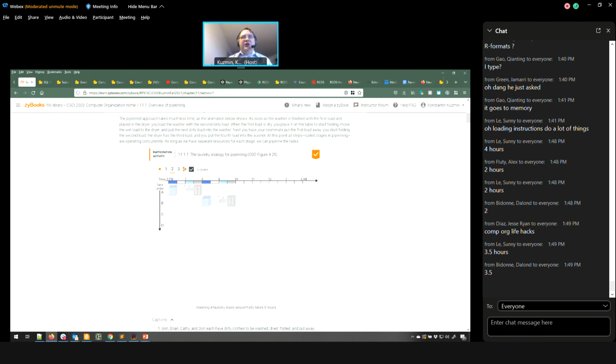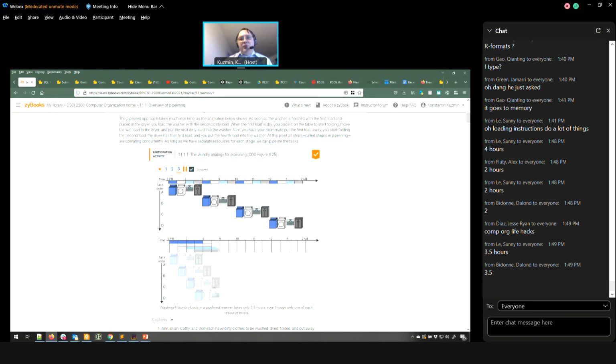This is the sequential thing, and then when we do it in a pipelined fashion, you see each half-hour period shows which hardware is used, right? So there is a period when all 4 devices are used at the same time, right? So that's the best efficiency that you can ever get.